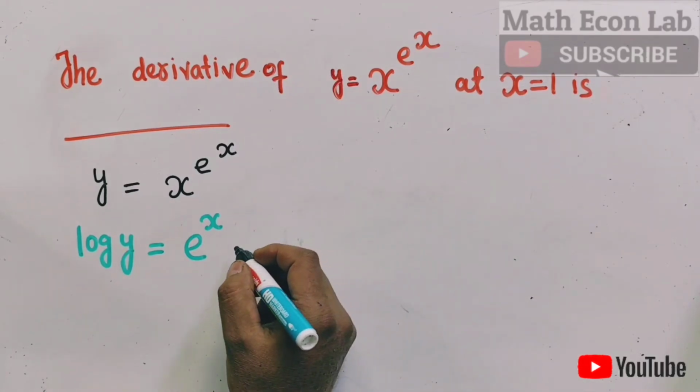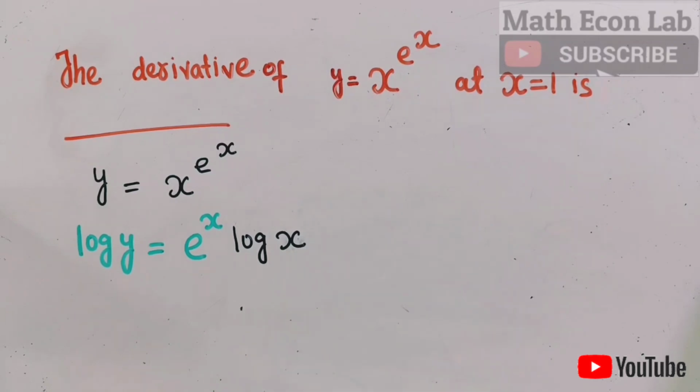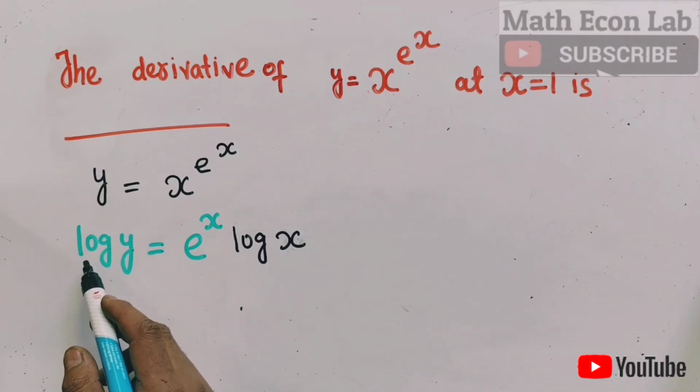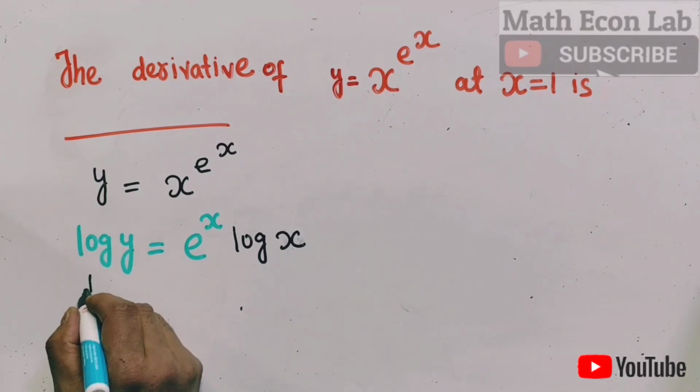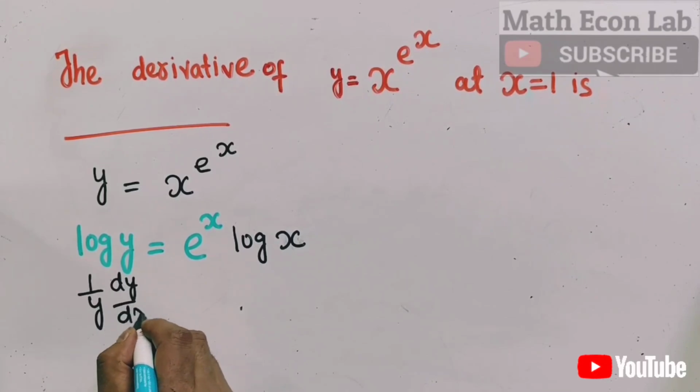We have log of x here. So now let us differentiate it. The derivative of log of y is, we know, 1 upon y dy upon dx.